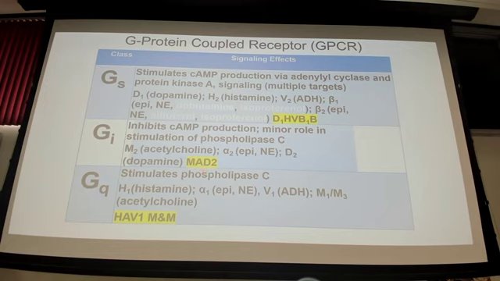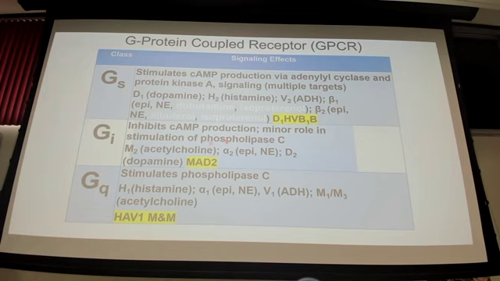And so once that reaction occurs, it will inhibit cyclic AMP production and then produce the respective physiological responses. So this is very important, knowing what protein systems are coupled to G sub S, G sub I, and G sub Q.